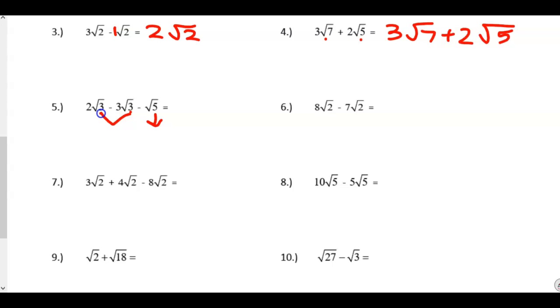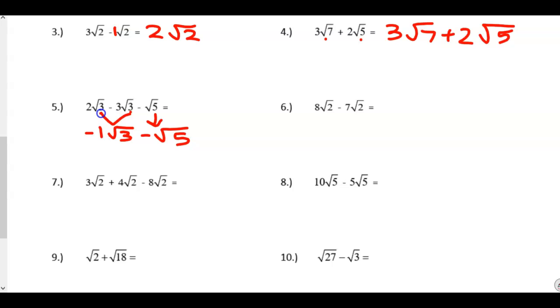So let's add these, or in this case, subtract these. 2 minus 3, negative 1. Square root stays the same, so negative square root of 3. And then the one that's different, bring it down. That's the answer. You can only combine like terms, unlike terms come down next to it.